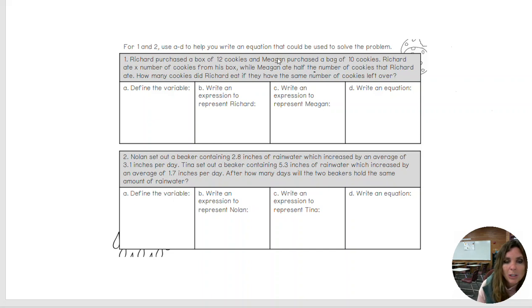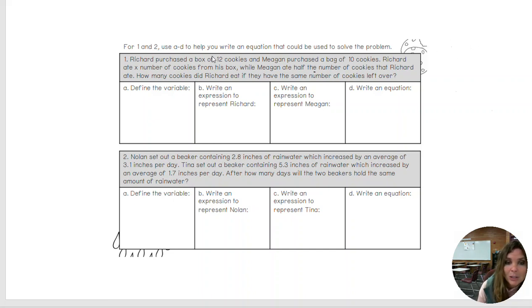This says Richard purchased a box of 12 cookies and Megan purchased a bag of 10 cookies. Picture that in your mind. Just like in English class, when you read through a book, your teacher asks you to have a picture in your mind of what's happening. Do that same thing when you are doing a word question in math.